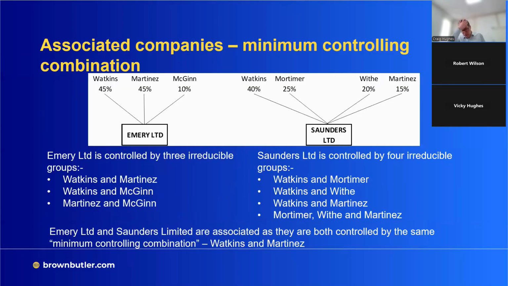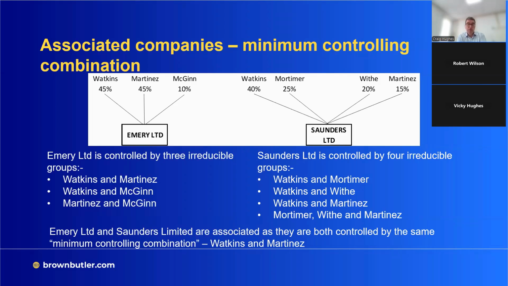And what I've done here is an example which hopefully brings that to life in terms of how you do the analysis on this type of scenario. So we have two companies here, Emery Limited and Saunders Limited. Now in Emery Limited, there are three irreducible groups of shareholders who could control that company.